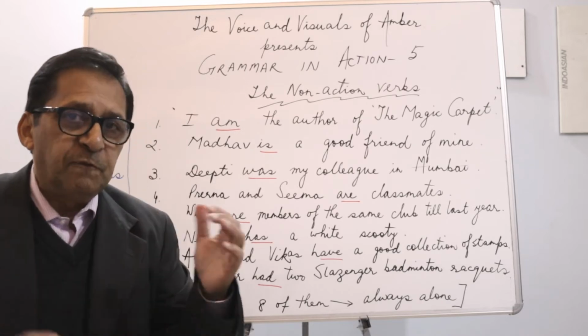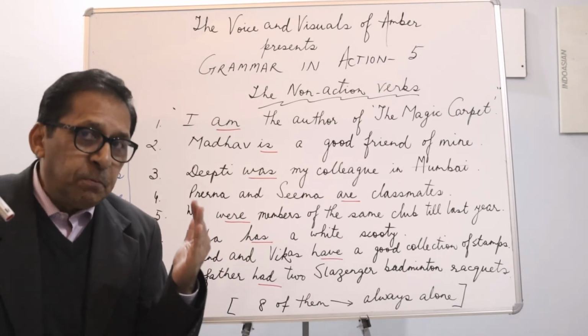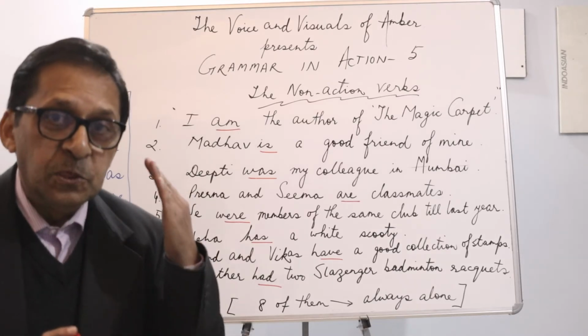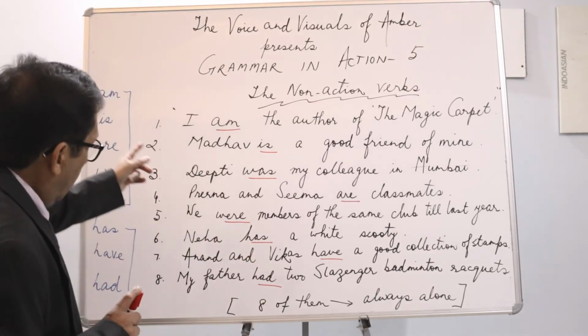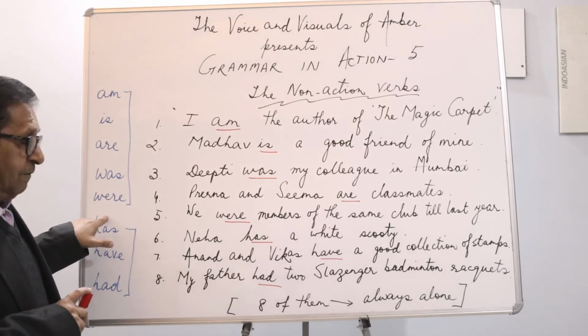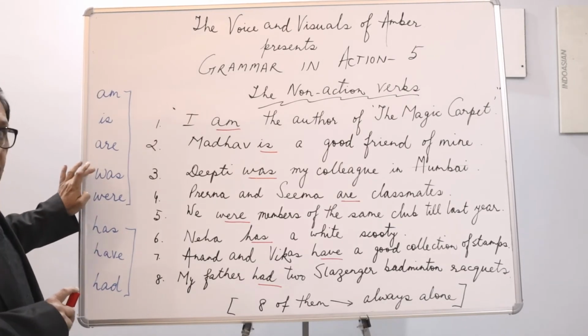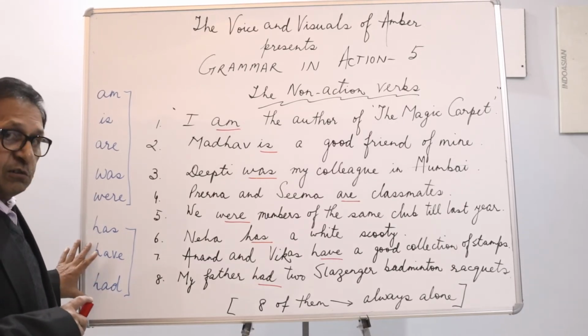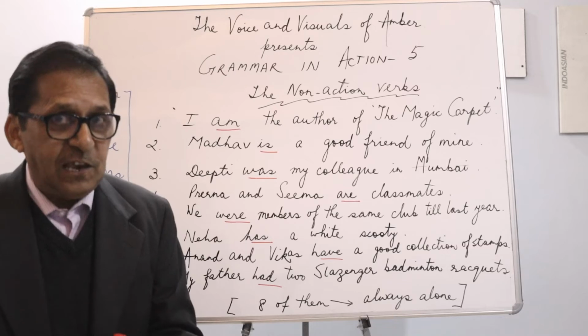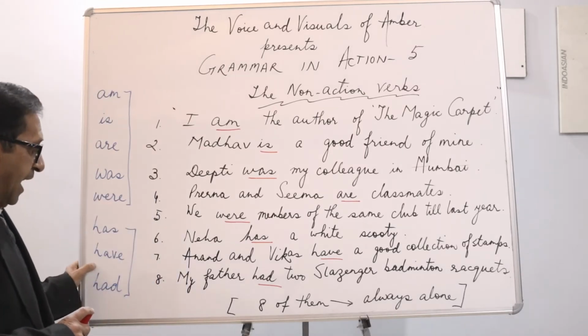So we have, therefore, a broad category, one important kind of verbs, and that is the non-action verbs, which has 5 to-be verbs or being verbs, am, is, are, was and were, and 3 verbs of possession, just possession. So has, have and had.